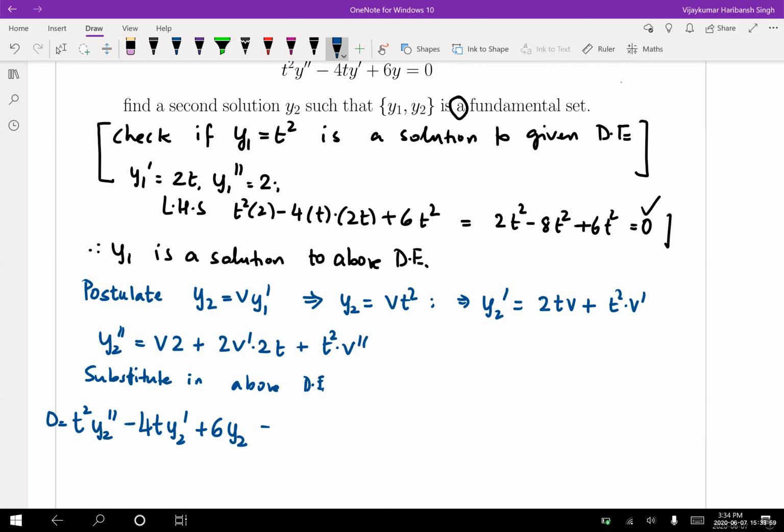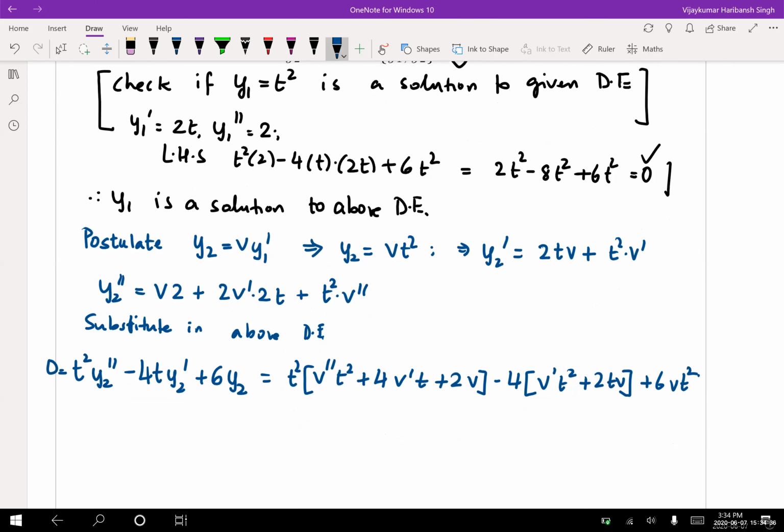So let's see what we get. t squared times (v double prime t squared plus 4 v prime t plus 2v) minus 4t times (v prime t squared plus 2tv) plus 6v t squared.